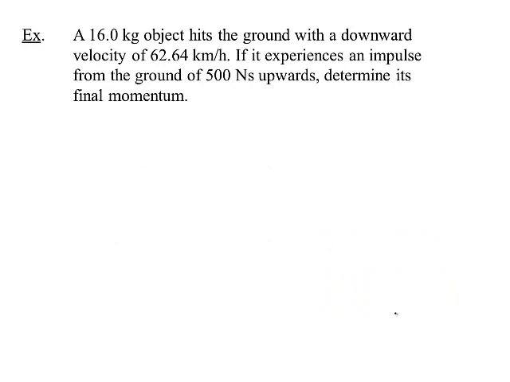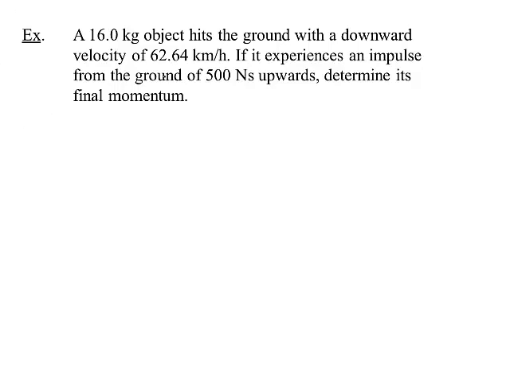So let's go over an example here. A 16.0 kilogram object hits the ground with a downward velocity of 62.64 kilometers per hour. If it experiences an impulse from the ground of 500 newton seconds upwards, determine its final momentum. Okay, so let's see.